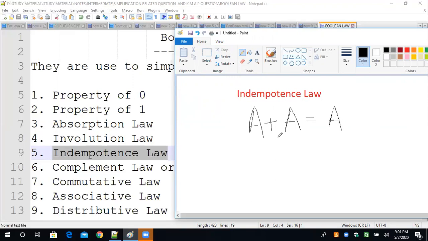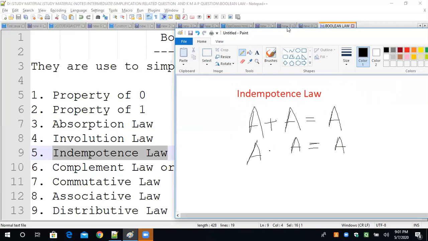Understand? A dot A will be A. This is basically the law. If any variable is continuously repeating with the plus sign or with the dot sign, then after reduction according to this law, you can write a single entry of that variable.